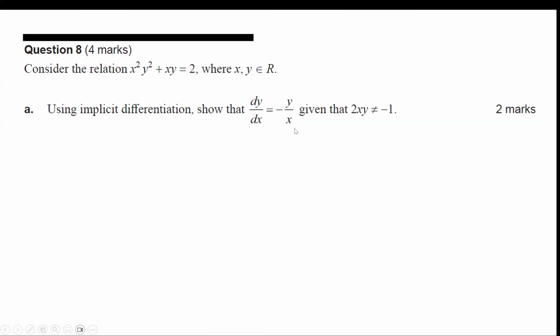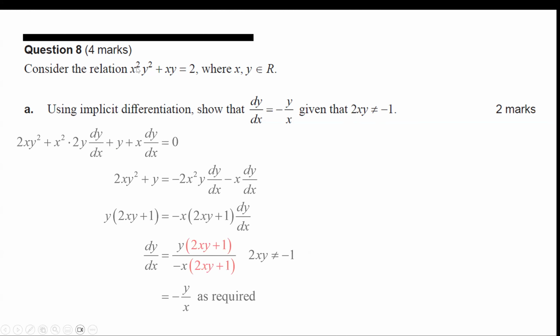Question 8. The relation is x squared y squared plus xy equals 2, where x and y are real numbers. We use implicit differentiation to show that dy/dx equals minus y over x, given that 2xy is not equal to -1. You would probably see that immediately after your implicit differentiation.